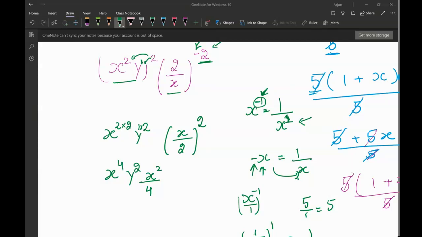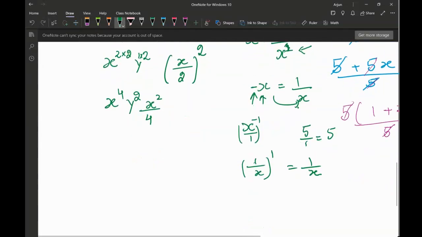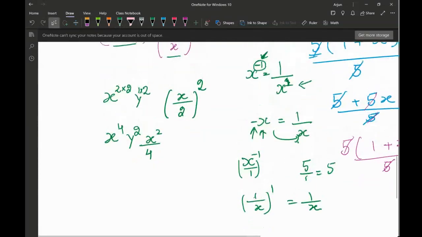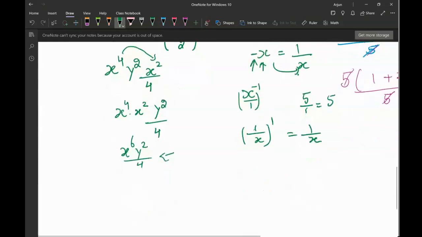That's the number you're going to get from here. Now one more thing I can do is add them up. Also, x raised to power 4 times x raised to power 2, y raised to the power 2 upon 4. So this will become x raised to the power 6, y raised to the power 2 upon 4. That will be your final answer.